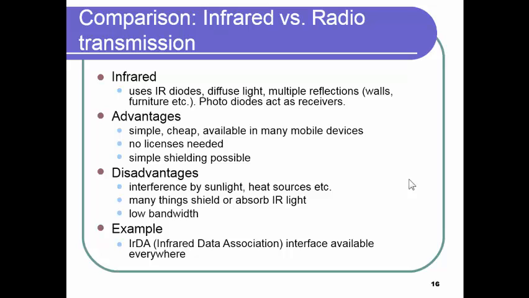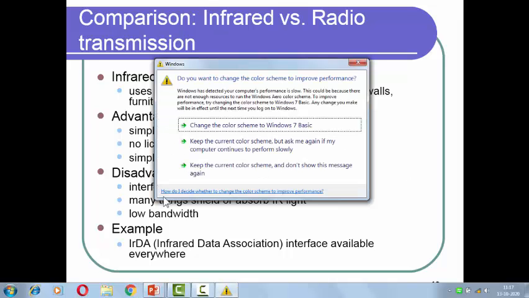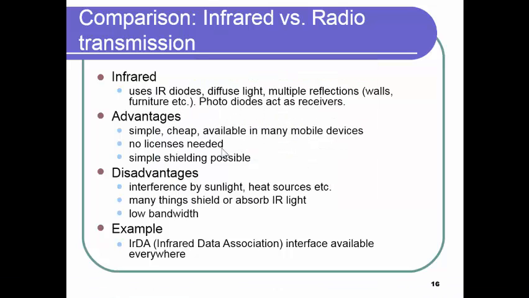Then we will compare infrared versus radio transmission. So in case of infrared based communication or wireless communication, IR diodes are mainly used, which are responsible to provide the information in the non-visible wavelength.